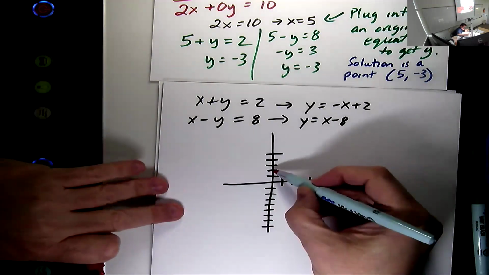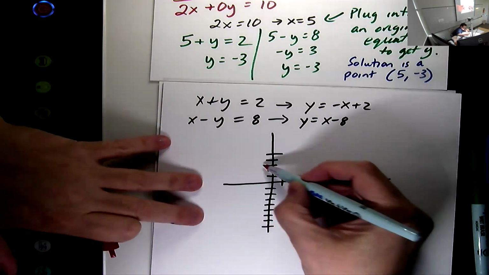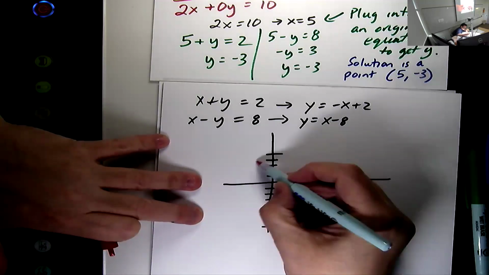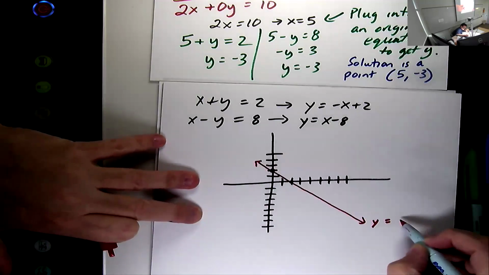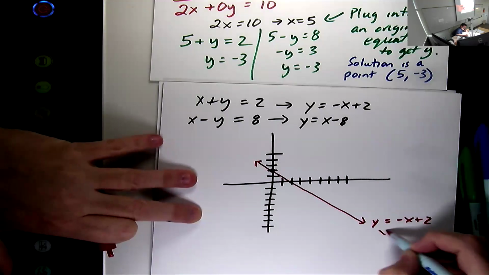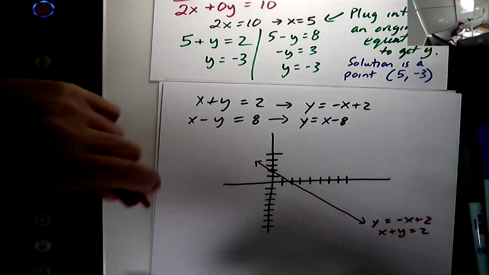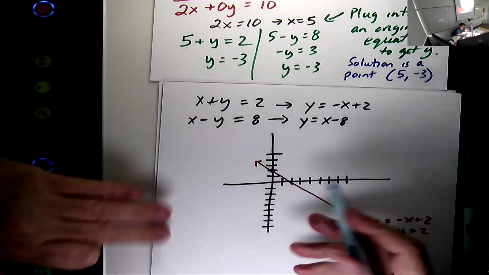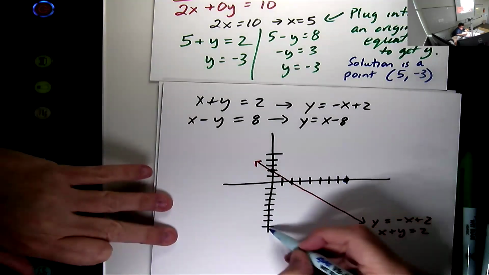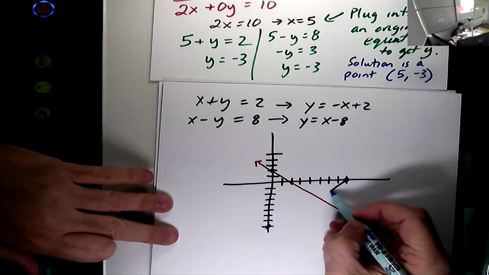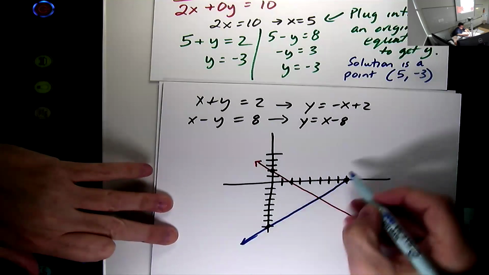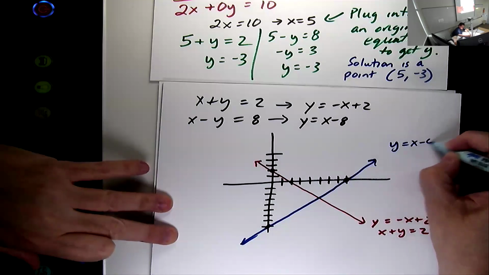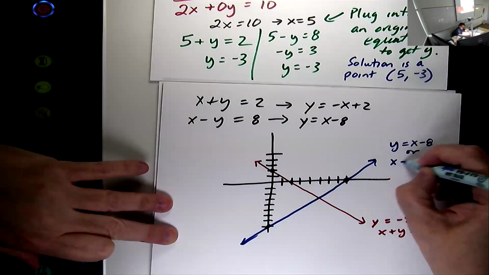So y equals -x plus 2 goes like this, which is my x plus y equals 2 line. y equals x minus 8, or x minus y equals 8, connects those dots.